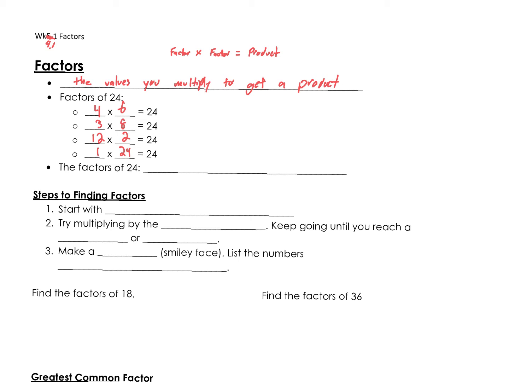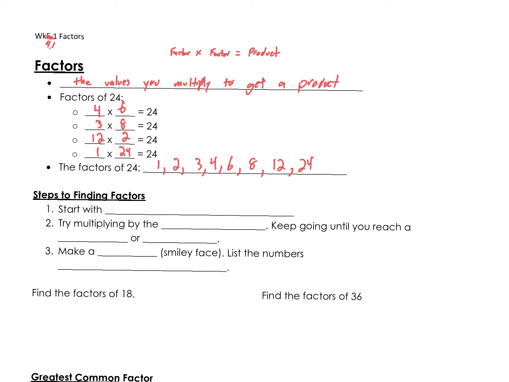So the factors of 24, and you write them from smallest to largest: 1, 2, 3, 4, 6, 8, 12, 24. Usually you'll have an even number of factors, unless the number is a perfect square. And we'll talk about that later on.